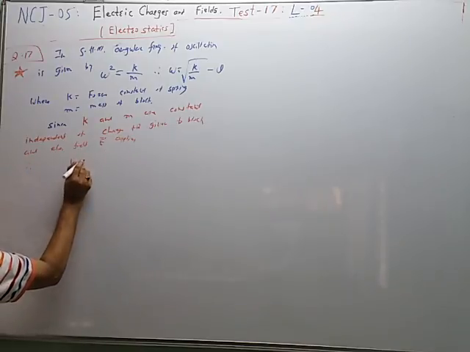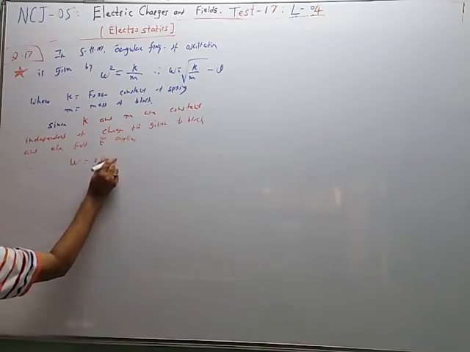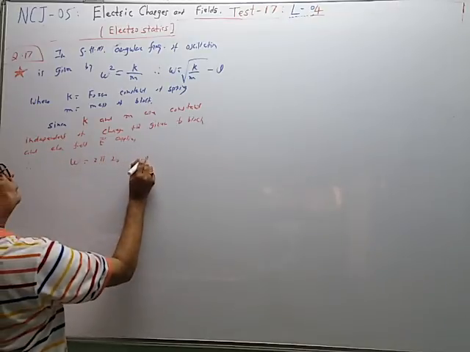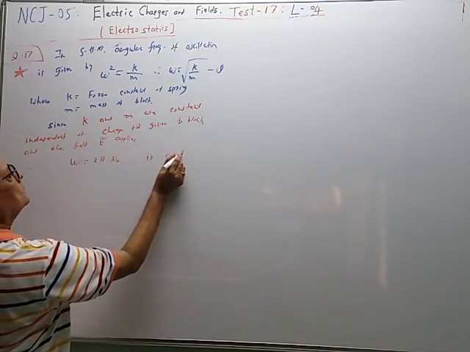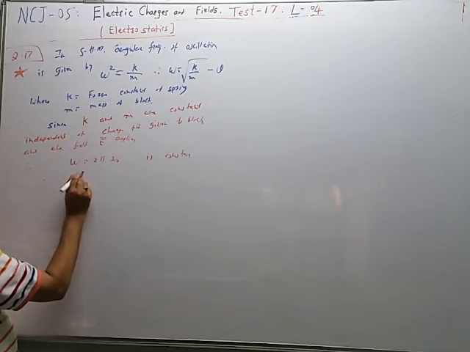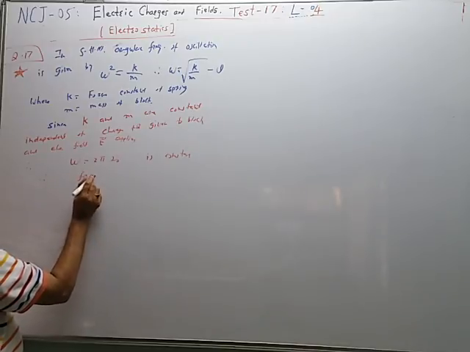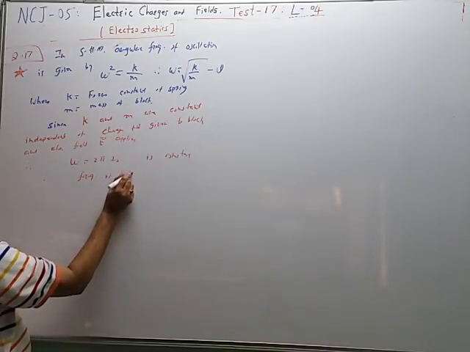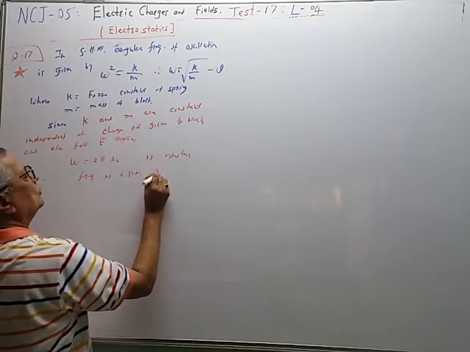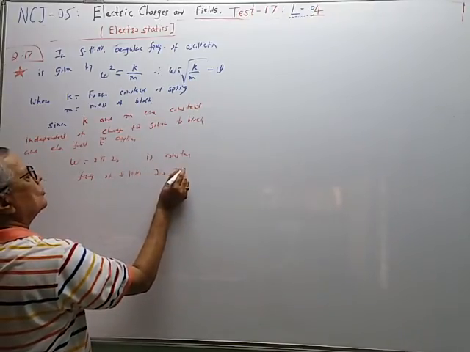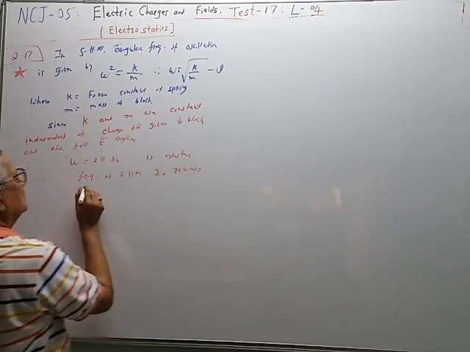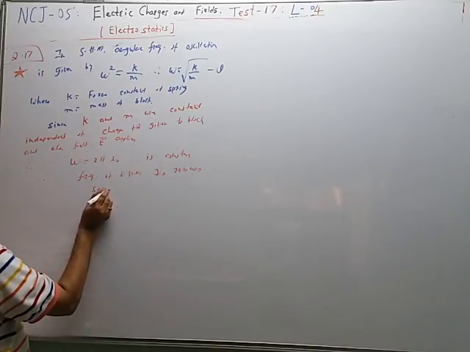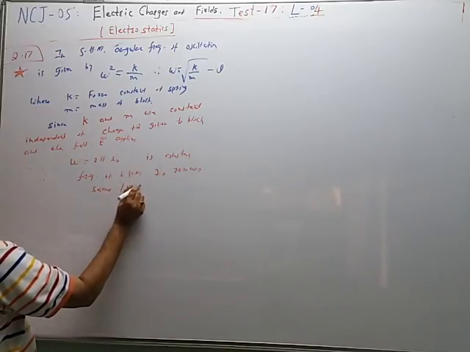Therefore, omega is equal to 2 pi nu 0 is constant. Therefore, frequency of SHM nu 0 remains constant, remains same, unchanged.